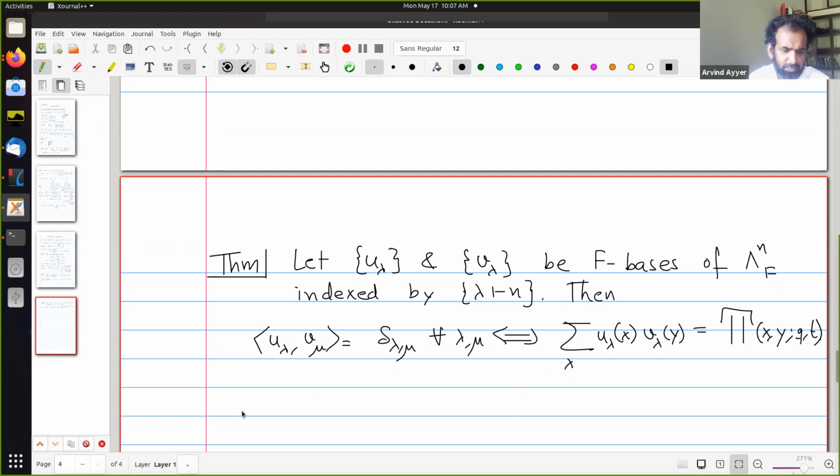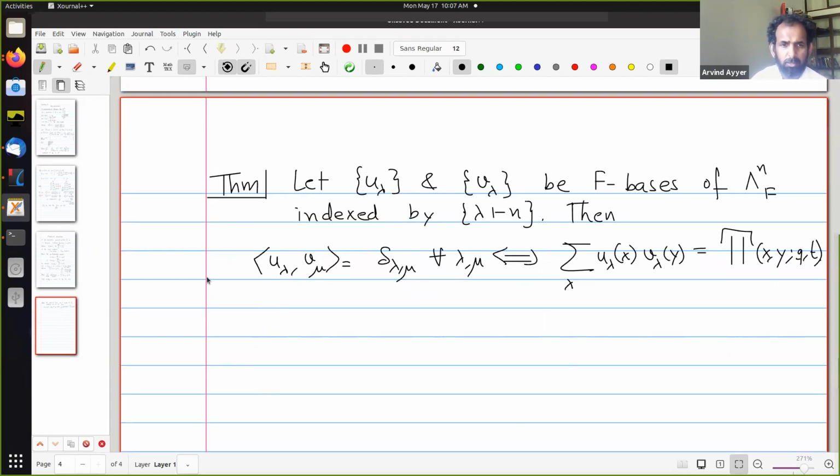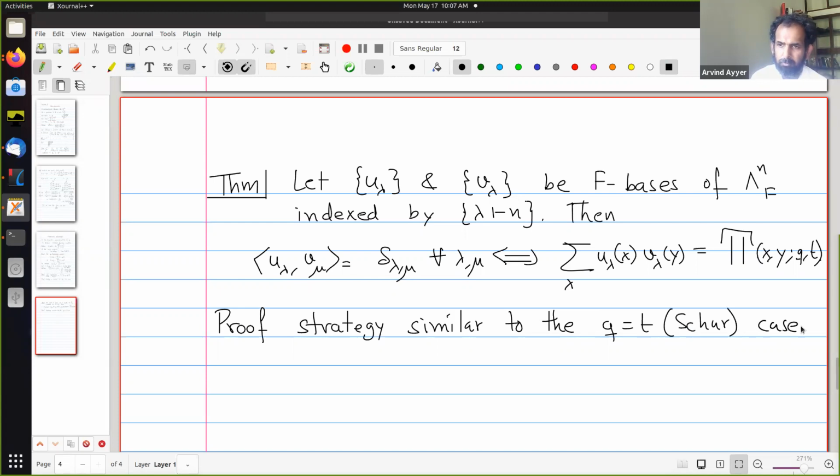Again, the proof strategy is similar to the Schur case. Okay, so this seems to say that in u lambda, v lambda, q and t will also be involved, right?